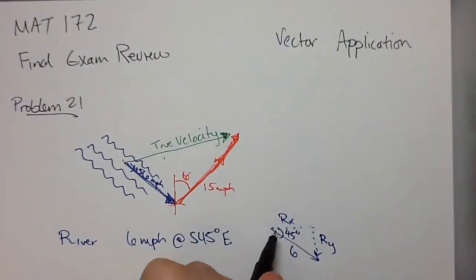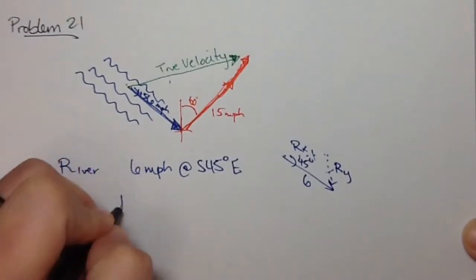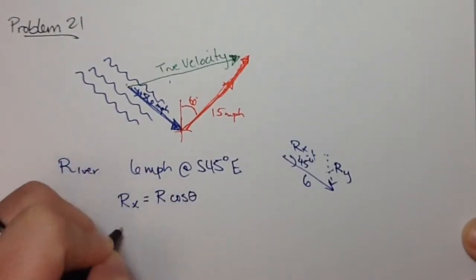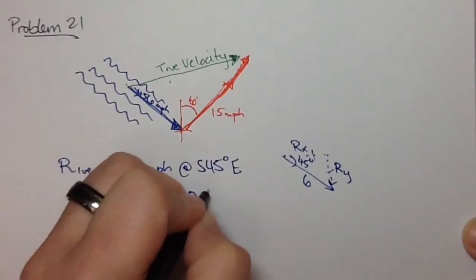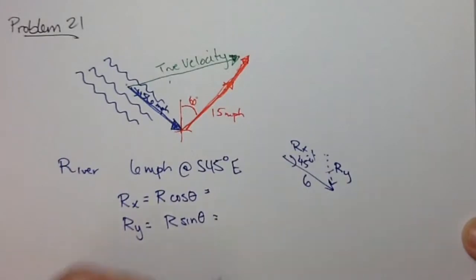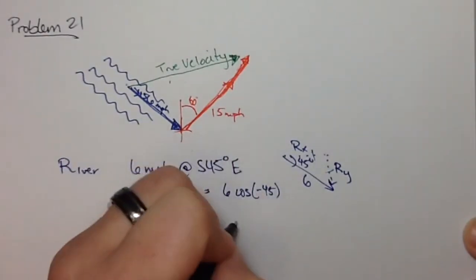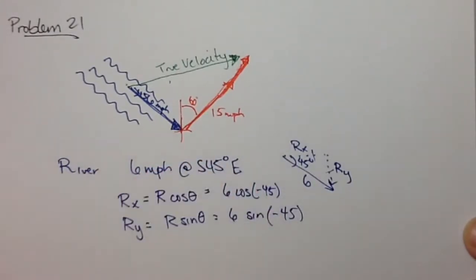So just looking at this, we know that these will be equal in magnitude. And remember, to find the x component, it's r cosine theta. To find the y component, this is r sine theta. So this is 6 times the cosine of negative 45. This is 6 times the sine of negative 45.